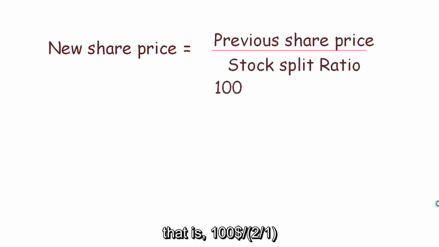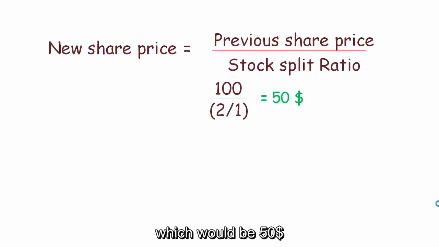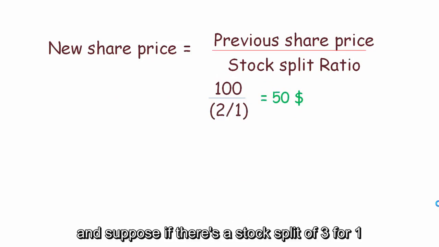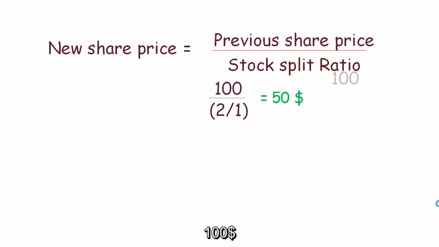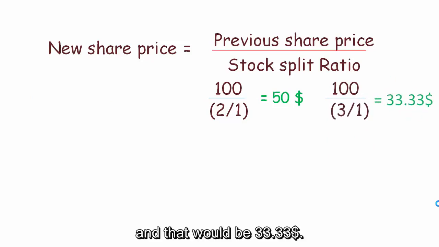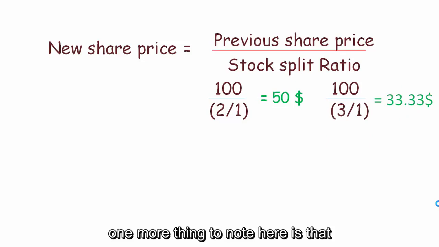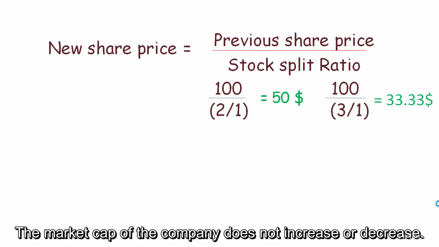That is $100 divided by 2/1, which would be $50. And suppose there is a stock split of 3 for 1, the price after the stock split would be $100 divided by 3/1, and that would be $33.33.